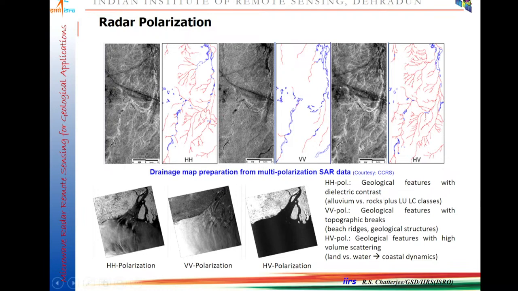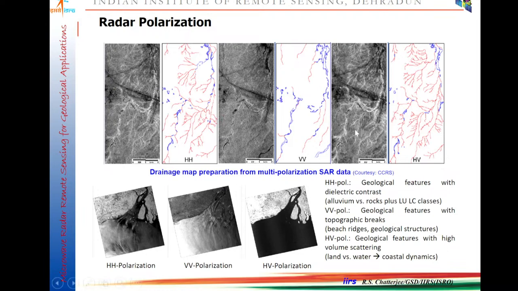But in case of HV, which is a cross-polarized radar wave, only those streams that are near the surface, subsurface but very near to the surface, will be highlighted. So in this case you are getting the surface streams, in this case the major surface streams, and in this case those streams that are very near to the surface but a little below, so subsurface streams are highlighted much more.